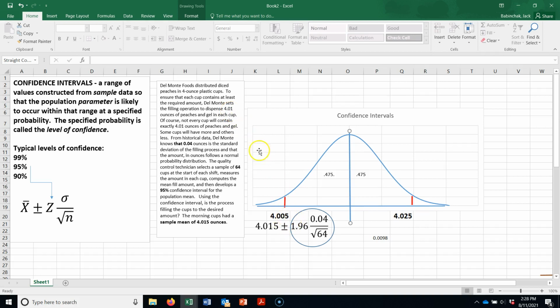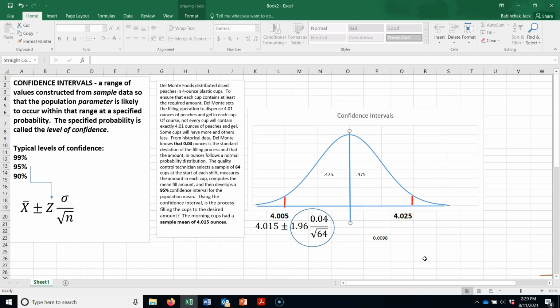So, you know, maybe we're filling in a little less than this, but really the question asked, are we filling it to at least the 4 ounces that the customer is getting? And yes, we're 95% confident that we're at least filling into that 4 ounces that the customer is required, because our confidence level dictates that, right?